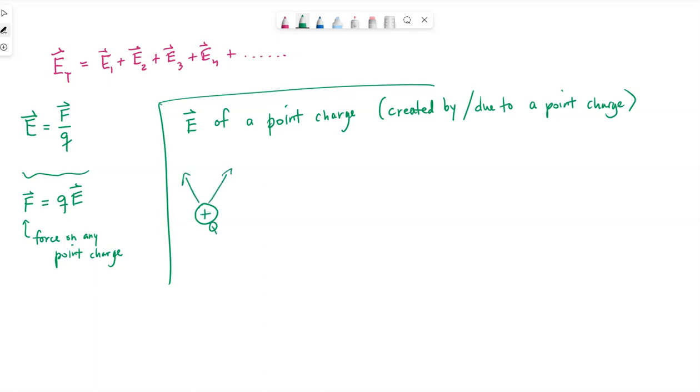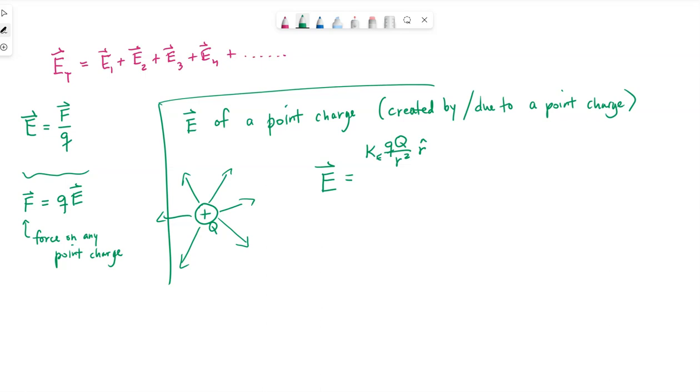All right, so let's talk about this point charge creating this electric field. Using the definition that we have on the left, we know the force on a test charge or probe charge would be from Coulomb's law.